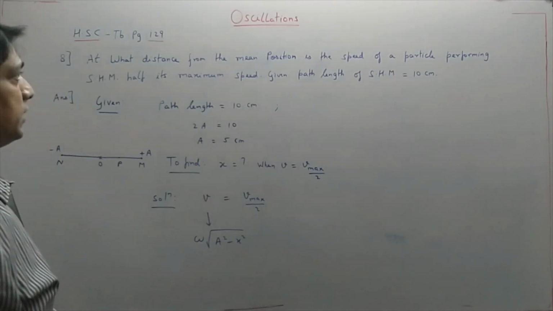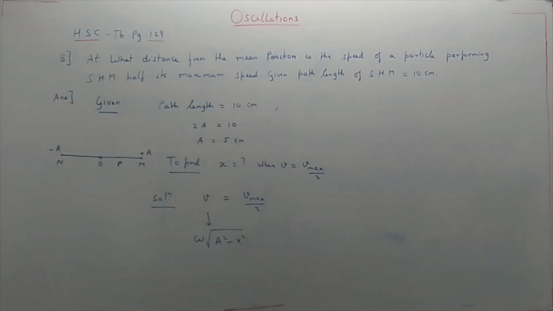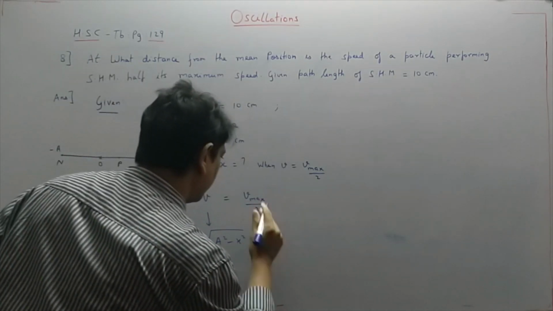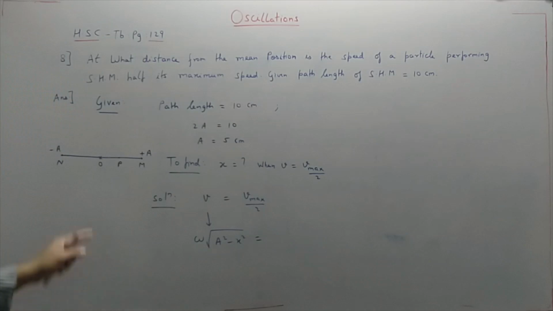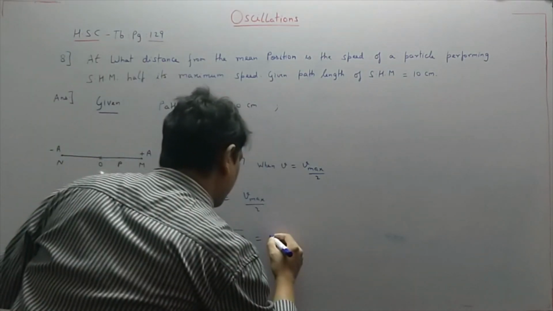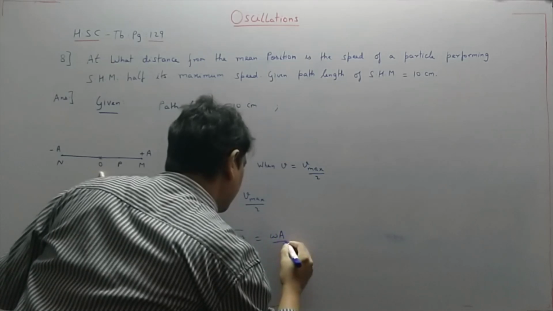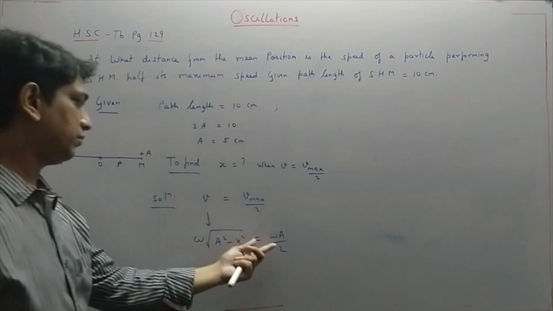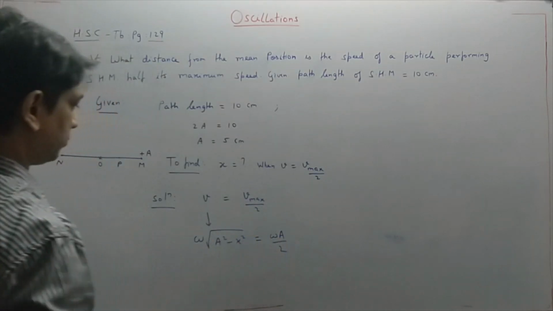So the formula for velocity at any point in terms of x. And here it is V maximum. We should know what V maximum is. Always velocity is maximum at the mean position, that is given by omega A. So V max is omega A divided by 2. So omega root of A square minus x square equals omega A upon 2.